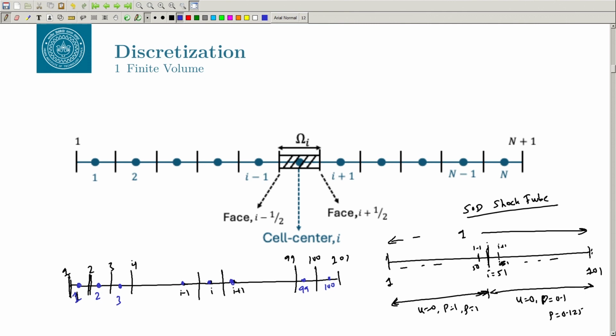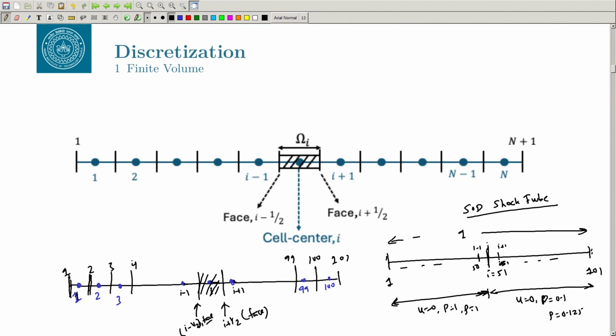So using the same terminology, this is my cell, and these are my cell faces. We can further simplify it. We can call this between cell I and I plus 1, so we can call this I plus half. This is my face. And similarly this one I can call I minus half. This is my another face.